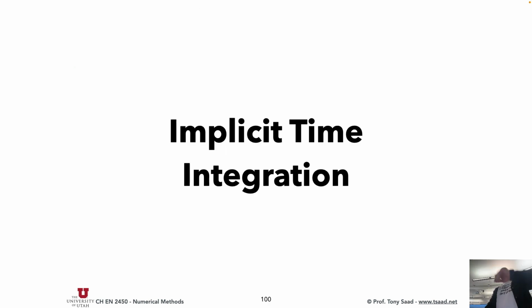Okay, implicit time integration. So far, we covered what we called explicit time integration. And I told you that I will define what I mean by that at the right time, pun intended. Notice how relatively simple it was to compute the solution, because the solution at n plus 1 only depended on the solution at n, which you knew.